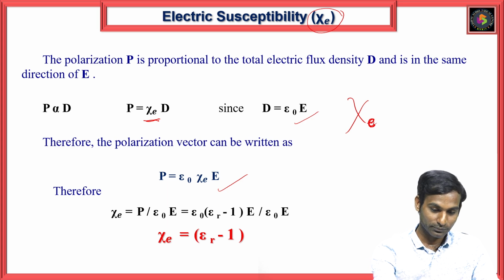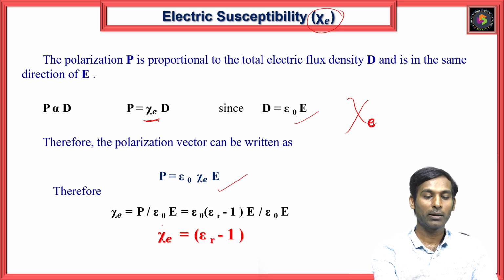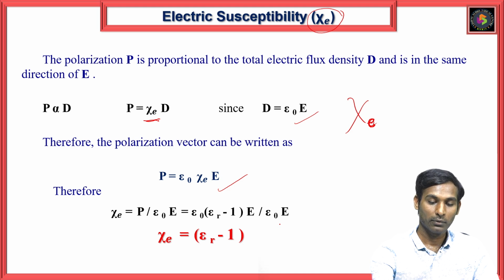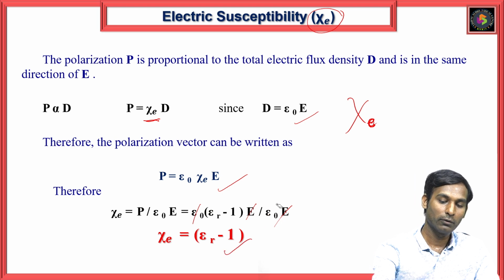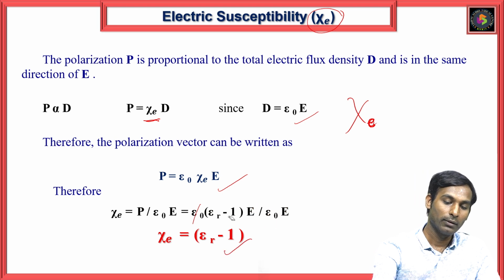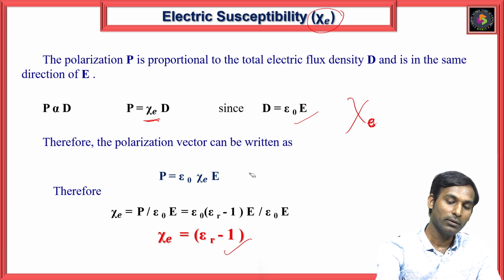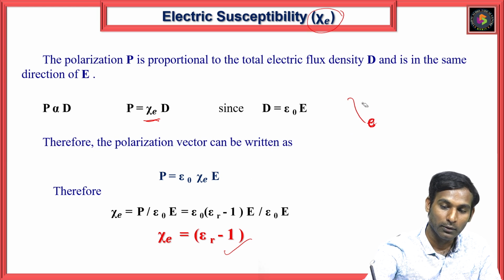So therefore the polarization vector can be written as in this equation we already saw in the previous slide. Substituting the polarization equation, we can write electric susceptibility equal to P by epsilon naught into E. In this equation, epsilon naught cancels, E cancels, and we get electric susceptibility is equal to relative dielectric constant minus 1.